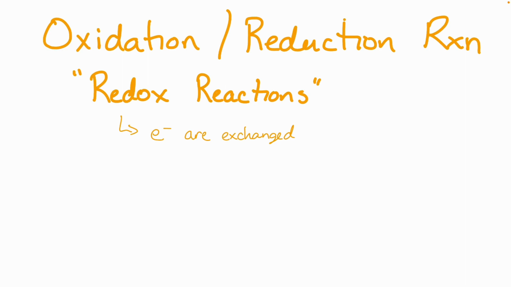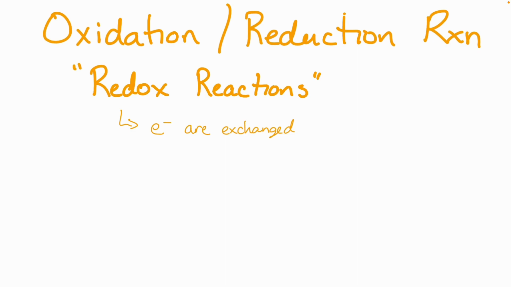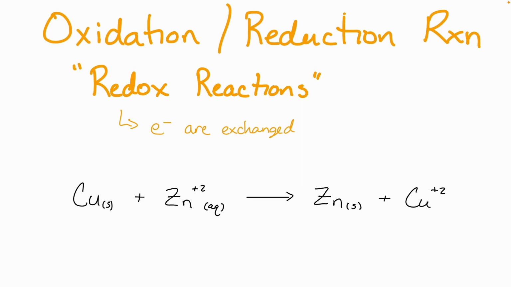So a very simple example would be if you took copper, solid neutral copper metal, and you tossed it into a solution of zinc chloride, something with these zinc ions. What you would get is solid zinc metal and copper 2+ ions.